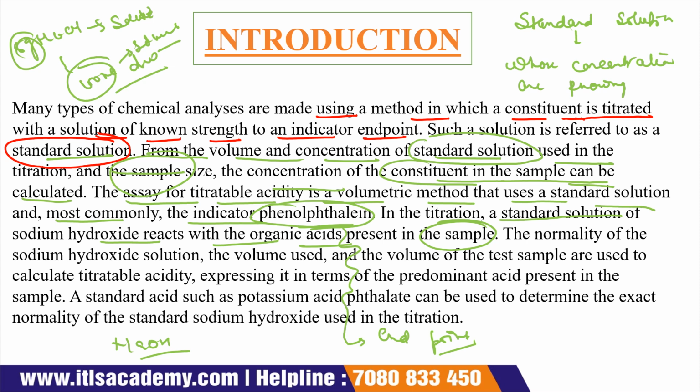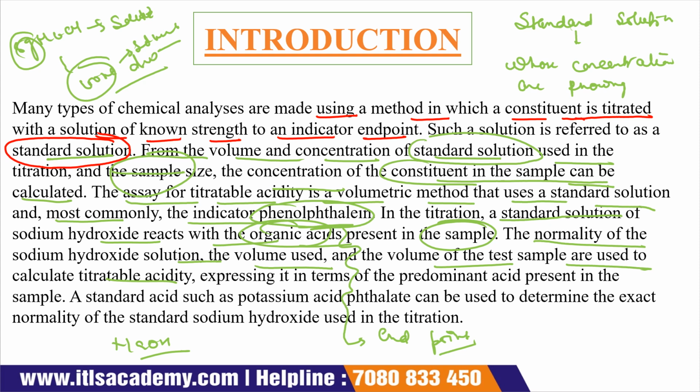This NaOH reacts with the organic acid present in a sample, and the normality of the sodium hydroxide solution, the volume used and the volume of the test sample are used to calculate the titratable acidity.